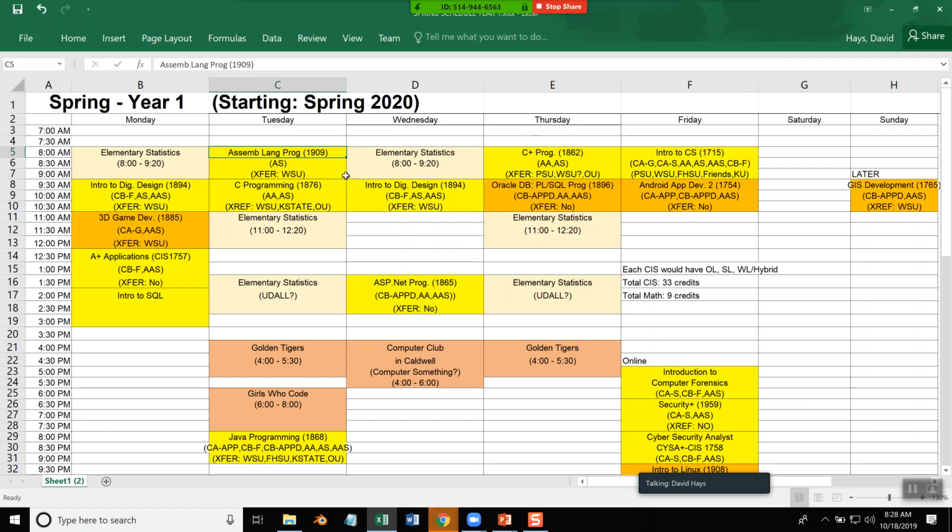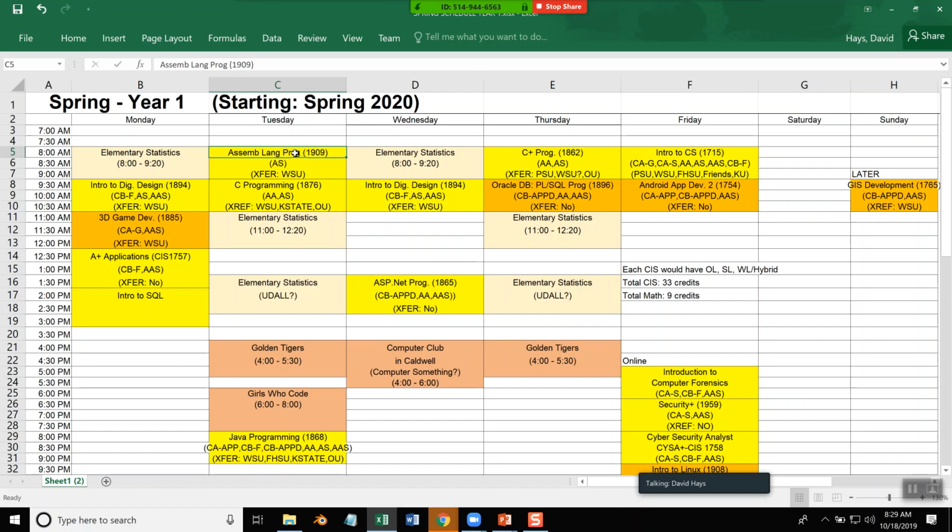It's not a bad class. It gives you understanding. Probably if you're going to program in game development, it might help you. If you want to program some of the low-level devices, then that'd help you. But just as a general programmer, it's probably not going to benefit you a whole lot. Interestingly enough, they do require assembly language programming at Fort Hays also, because I went out and looked at theirs.